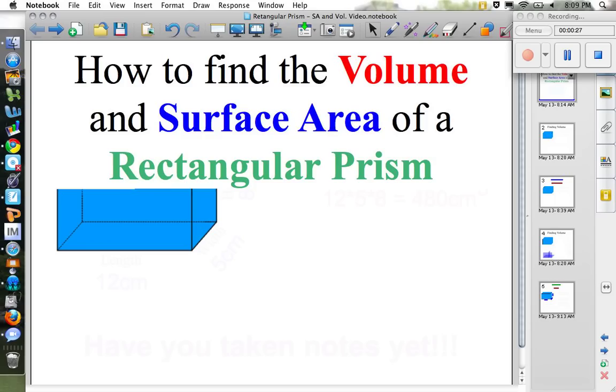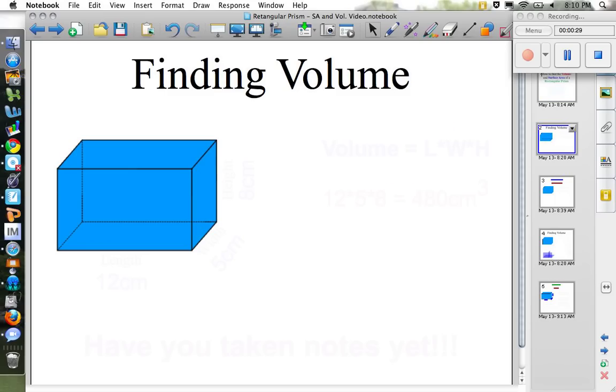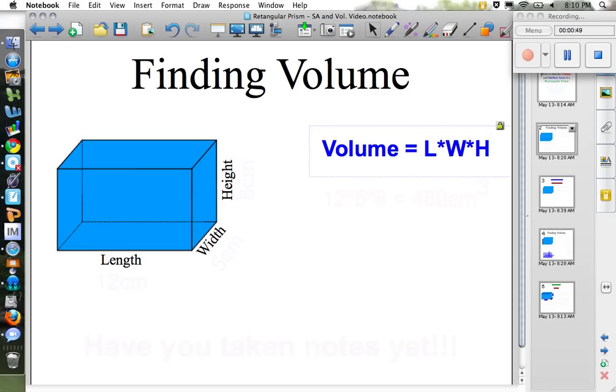So let's first talk about finding the volume. Finding the volume of a rectangular prism is fairly simple. Finding the volume means we need the length, the width, and the height. So what do you do to find the volume of a rectangular prism? You should be taking notes on this.